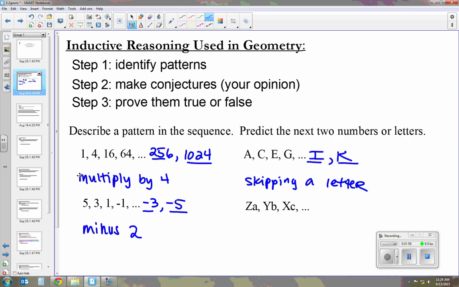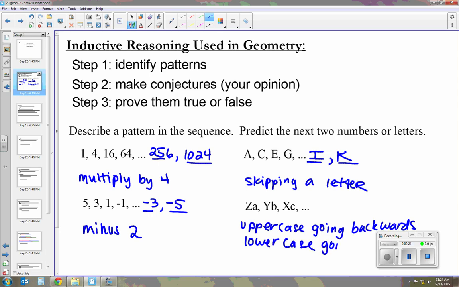And if we look at the very last one, we have uppercase going backwards, and lowercase going forwards.